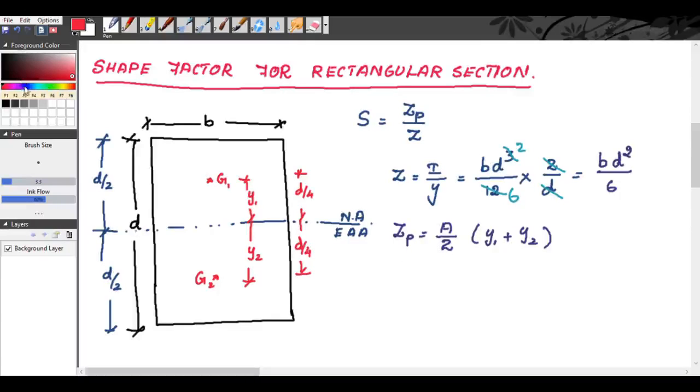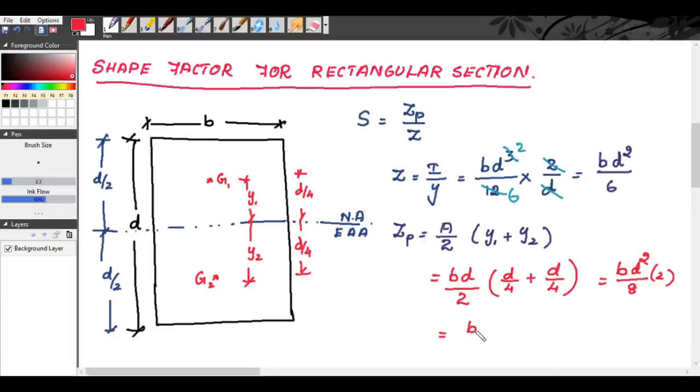So we get the plastic section modulus Z is equal to area by 2. So what is area? Area is BD. Area of the rectangular section, BD by 2, that is half of the area, BD by 2 multiplied by Y1 is D by 4 plus Y2 is D by 4. So we get BD square by 8 into 2.